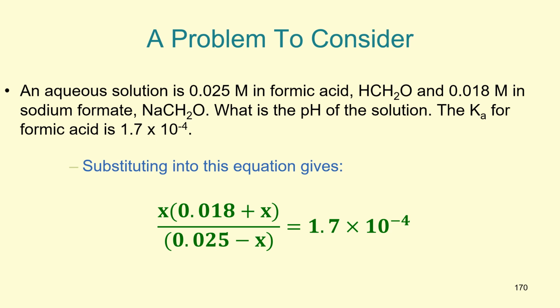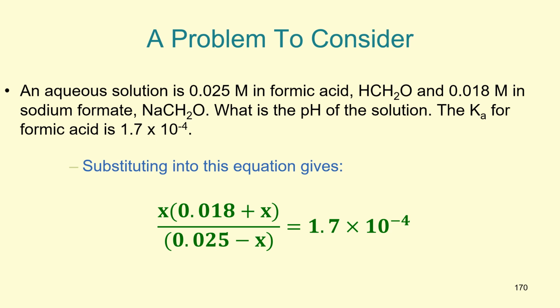That can be really complicated, but hopefully we're going to assume that x is very small. If you want to, you can do Ca over Ka, which is, take the bigger one, 0.025 divided by 1.7 times 10 to the minus 4.